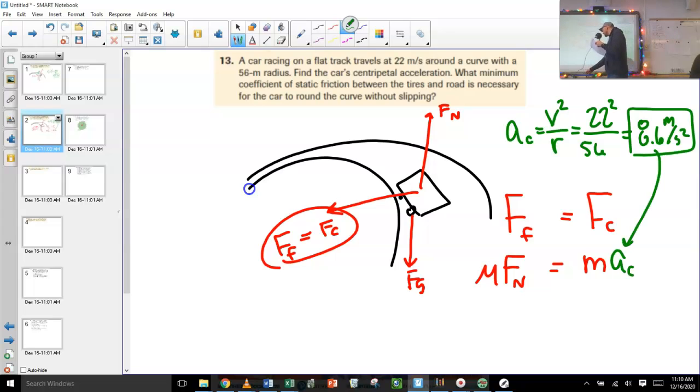Your normal force, you'll remember, since it's opposite gravity, is whatever your mass is multiplied by 9.8. So my normal force is 9.8 times my mass, m.